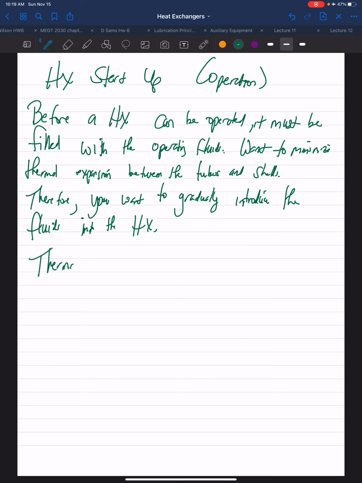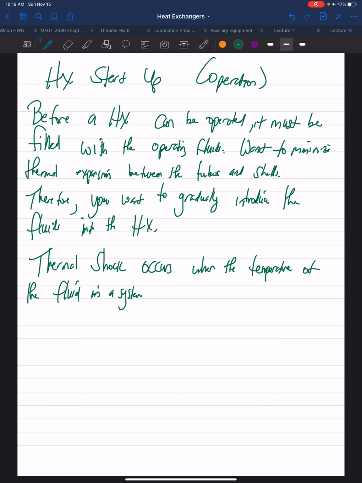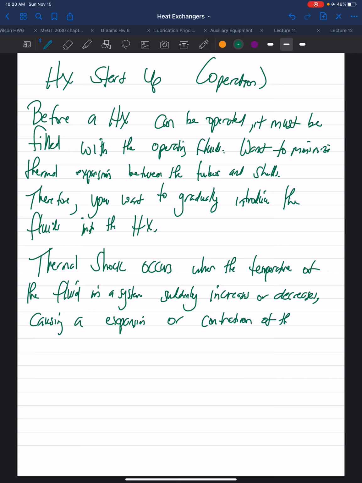Thermal shock occurs when the temperature of the fluid in a system suddenly increases or decreases, causing an expansion or contraction of the metal.